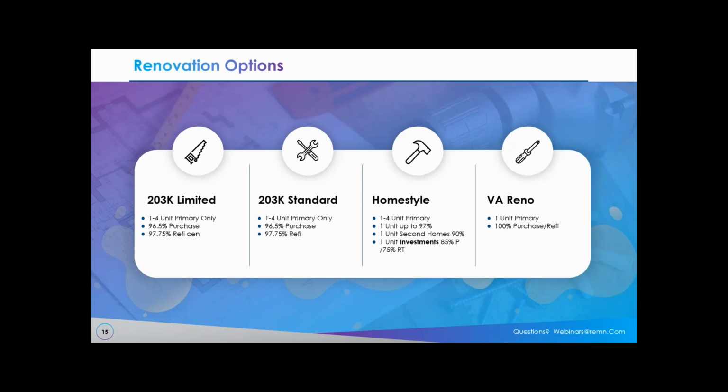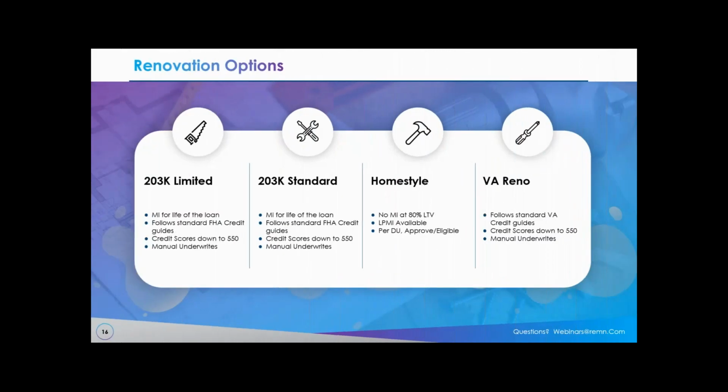So if you have people wanting to do fix and flips or fix and holds, we have a home for those deals. It can be only 1 unit though. Okay, so keep that in mind. And on the VA Reno, we can do 1 unit primaries only, 100% financing on purchase and refinance transactions. Again, that program is on hold, so we can't do that right now.